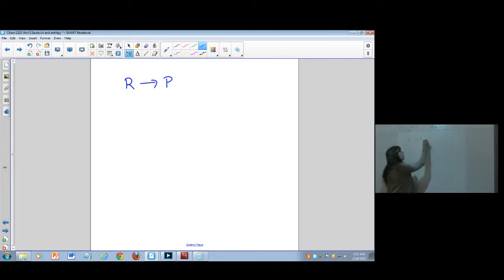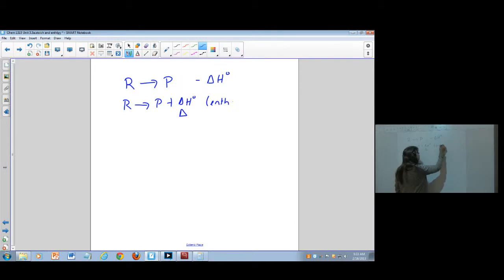Okay, and if we're told a negative delta H value, whatever it is, we can look at this reaction and know that the heat is being released because it's exothermic. If you were to rewrite this, you can write reactants to products plus heat, or the delta H value can be here, or some people just use delta, or you could say enthalpy, or you could just say heat, whichever. Okay, any way that helps you remember that the heat is coming out of the reaction.